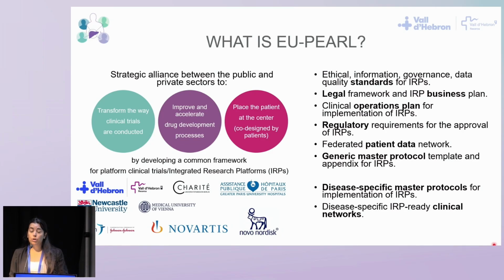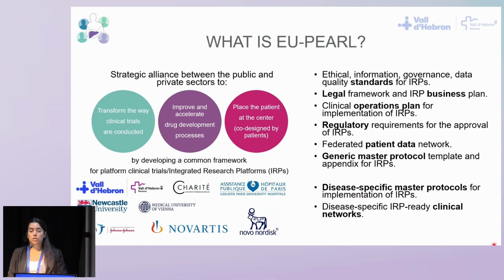There were 4 disease-agnostic work packages that developed common documents and guidance on ethical information governance, the legal framework, clinical operation plans, or information about the regulatory requirements, for example. And there were also 4 disease-specific work packages that focused on tuberculosis, depression, neurofibromatosis, and NASH. In these specific work packages, we developed special documents and tools to do a platform trial.